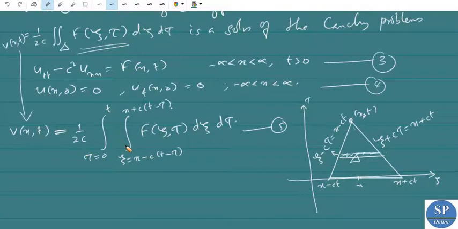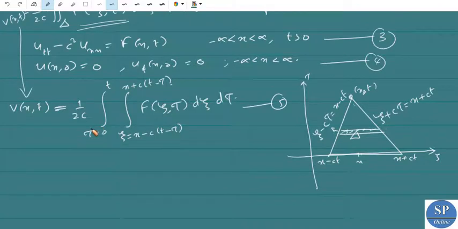Now we have to show that this V satisfies this differential equation and these conditions. Okay, so this is V of x, t. So clearly from this we can say that this satisfies this condition. These are the conditions we need to check. The second condition is the boundary initial conditions, so u of x, 0 equals 0.